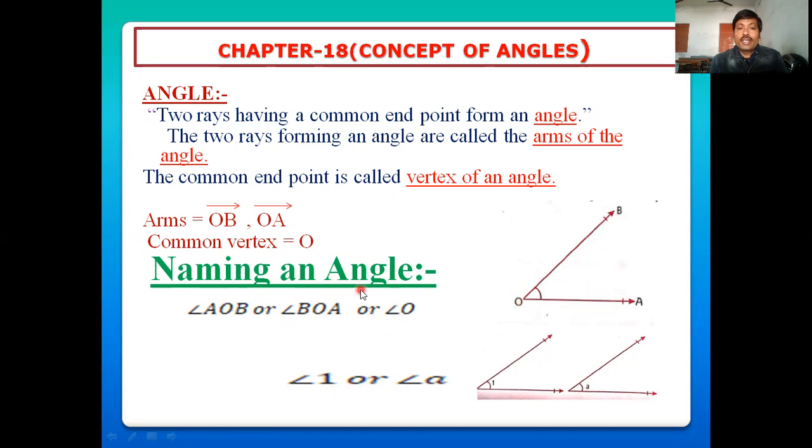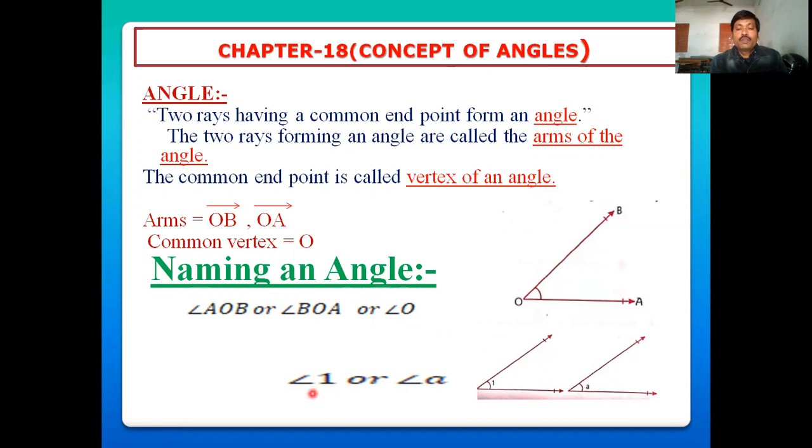And naming an angle, how can we name an angle? This is the symbol of the angle. We can name this angle AOB or BOA or simply O. So an angle has three names: AOB, BOA or O, but all these names are the same.